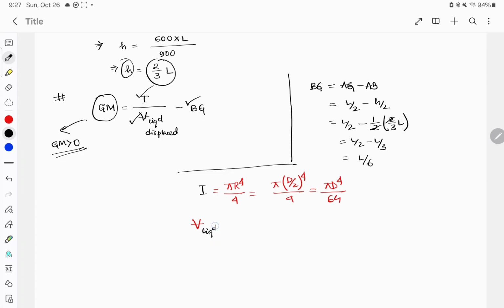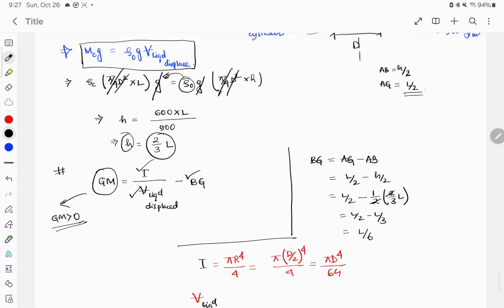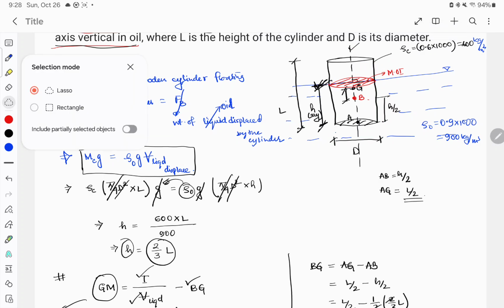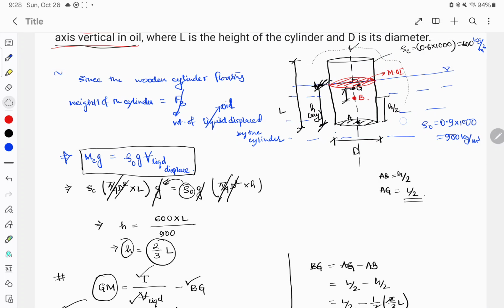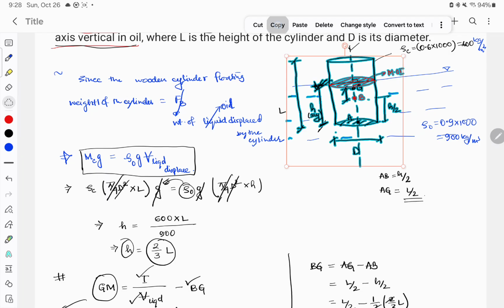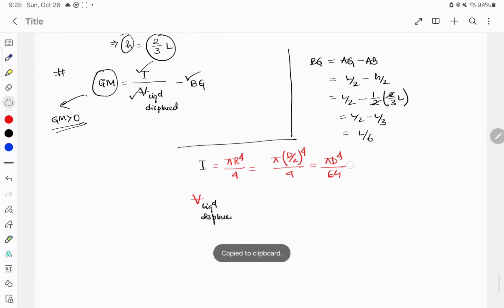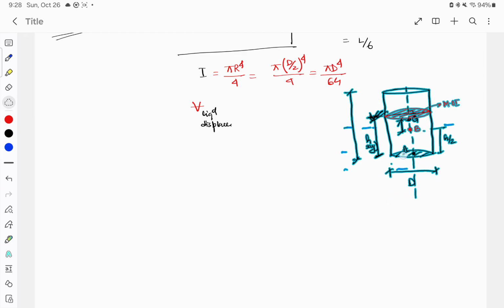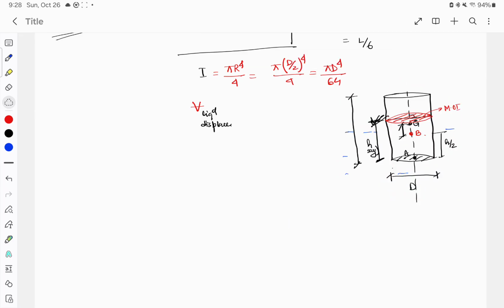Then again I'll calculate the volume of liquid displaced. Let me bring this particular diagram outside, then it will be good for us to understand. So the volume of liquid displaced will be what?